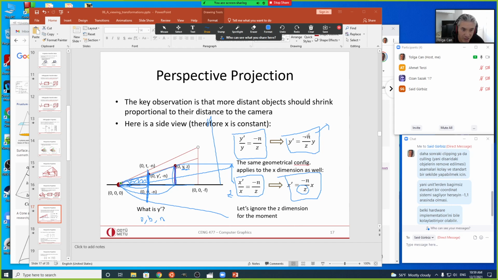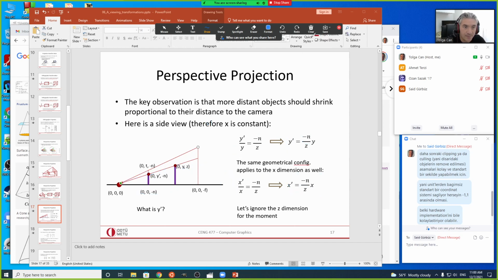The only thing that changes is z, this minus n is constant for all of the objects. So the changing thing for points is that as their z coordinates get larger, they're going to be projected into a smaller screen space. So these are the equations of perspective projection.